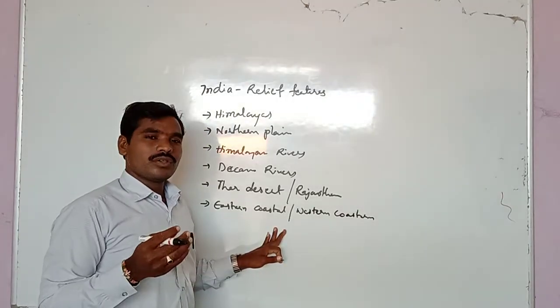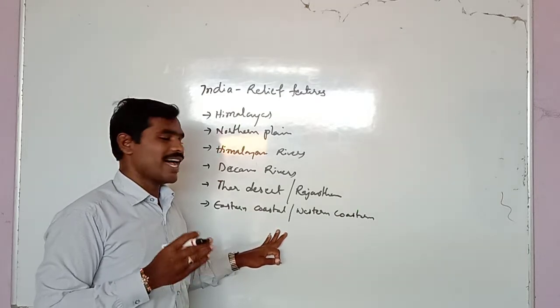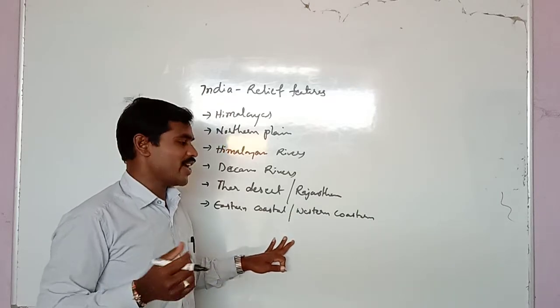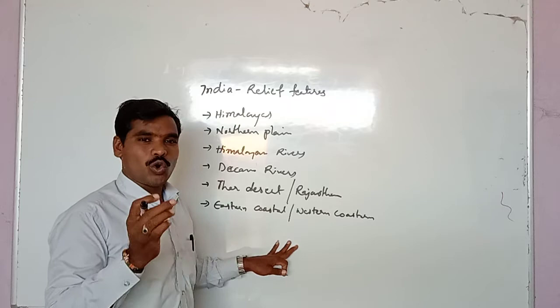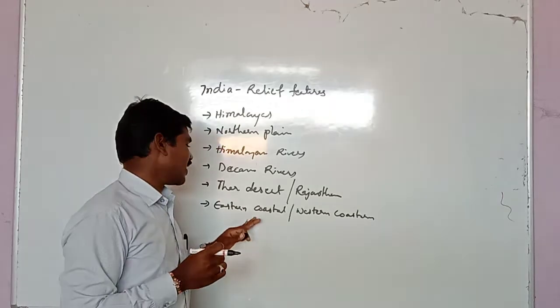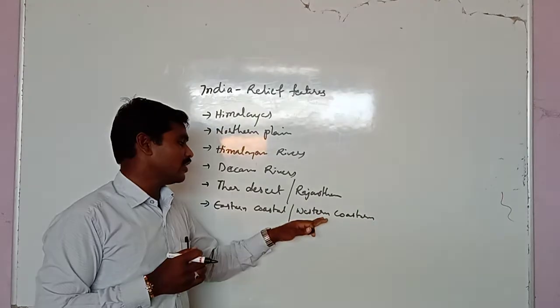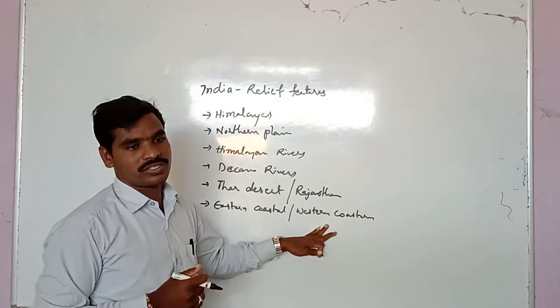So towards the west of our India, there is the Arabian Sea, and in the east, there is the Bay of Bengal. Both seas have coastal areas. The coastal area located in the east is the Eastern Coastal Plain, and in the same manner the one located in the west is called the Western Coastal Plain.